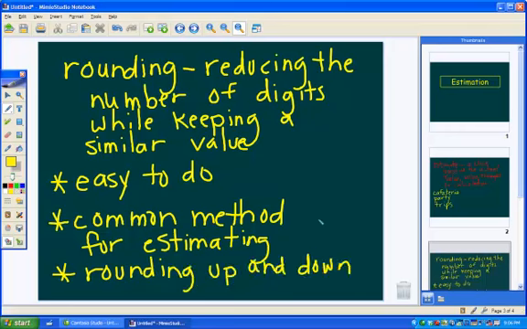Now, you may have a lot of different ways to remember depending on what your teacher said. One of them is find the place, look next door, 0 to 4, say no more, 5 to 9, add one more. Another one is 5 or more, raise the score, 4 or less, let it rest. However you want to remember the rule, there are rules for rounding, so that is very important to remember.